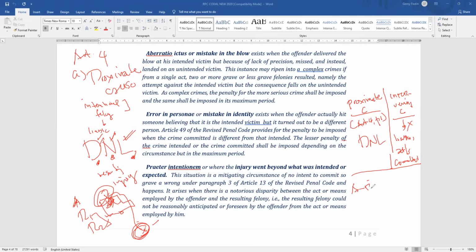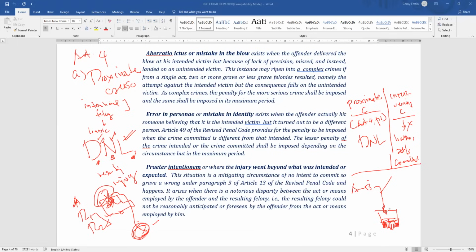A slap B. Inflicted physical injury on the person of B. And he only suffered slight physical injury sa kanyang hand. Hindi mortal wound. When he went home, he deliberately immersed his hand on a poisonous water.